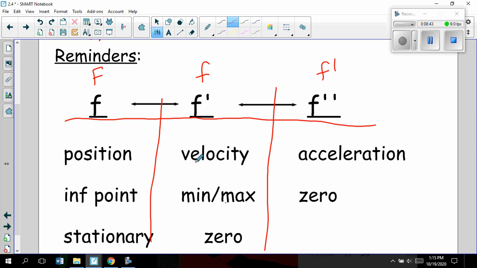But all of these T-chart processes still work. If you have position, velocity, acceleration, if you have an inflection point on big F, that's a 0, or a max or a min on little f, that's a 0 with a sign change on f prime. So this is already on that T-chart that you have, just now it can work with capital F.